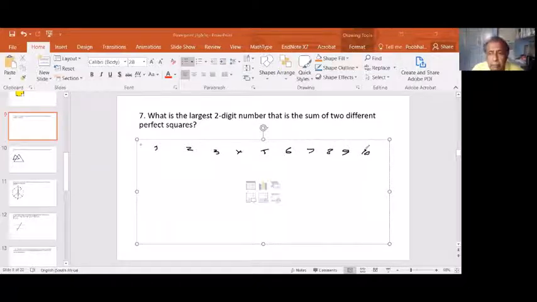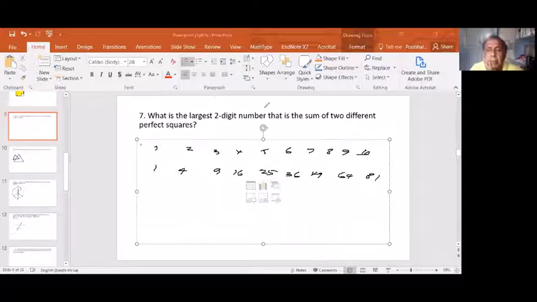I'm stopping at 10 because 10 times 10 is 100. Okay, that moves to 3 digits. So now we want to take the squares of these numbers. 1 squared, 2 times 2, 3 times 3, 4 times 4, 5 times 5, 6 times 6, 49, 64, 81. And we can ignore 100 because that's a 3-digit number.